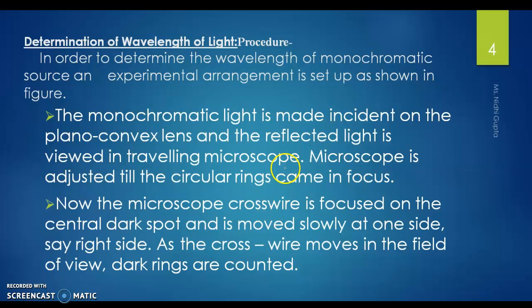So in the laboratory, suppose we want to determine the wavelength of light, that is lambda. First of all, we use that source of light whose wavelength is to be determined and observe this type of pattern.